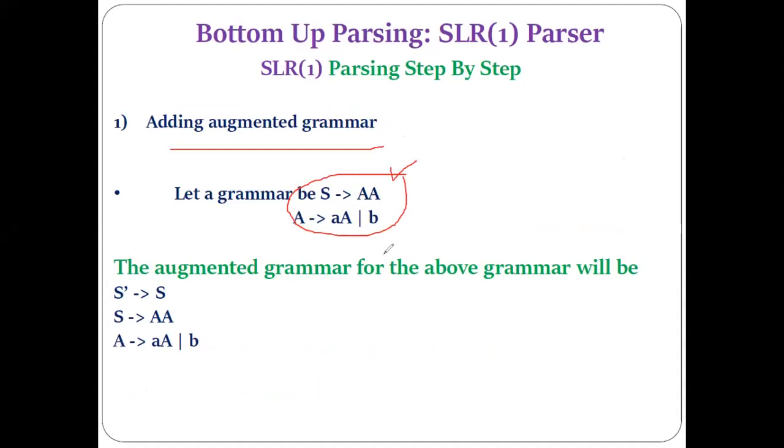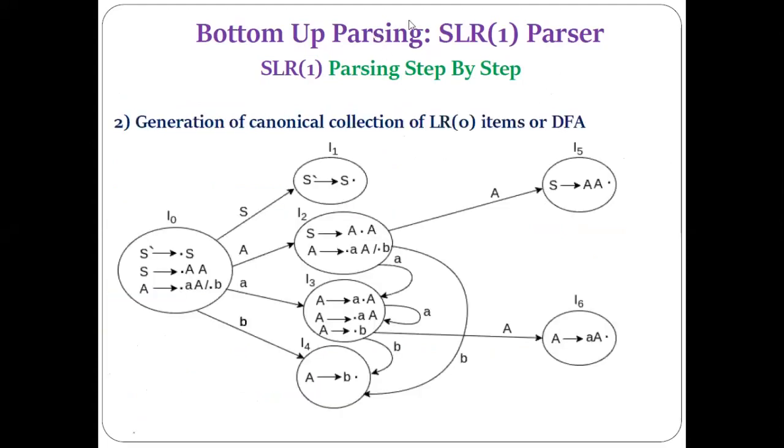This is our original grammar, and from that we generate the augmented grammar like this. I already told you how to generate it. This is the same example we are carrying. Then do the canonical collection of LR0 items, in a similar way to what we did in case of the LR0 parser.